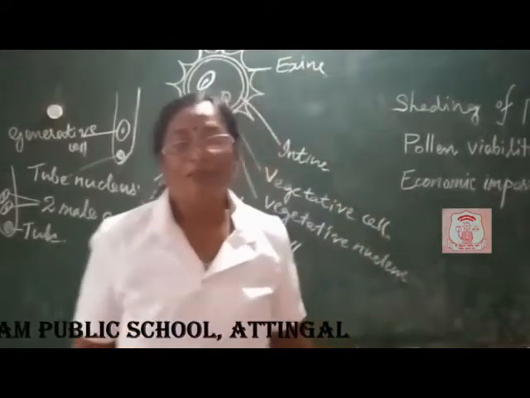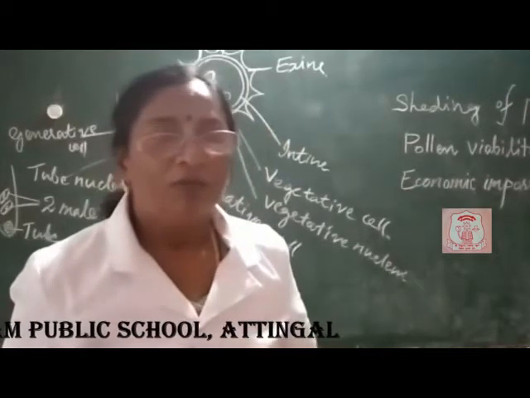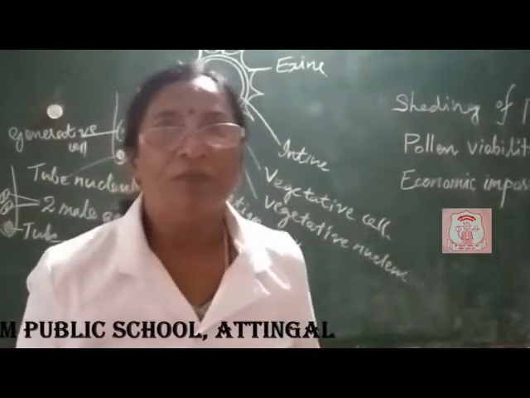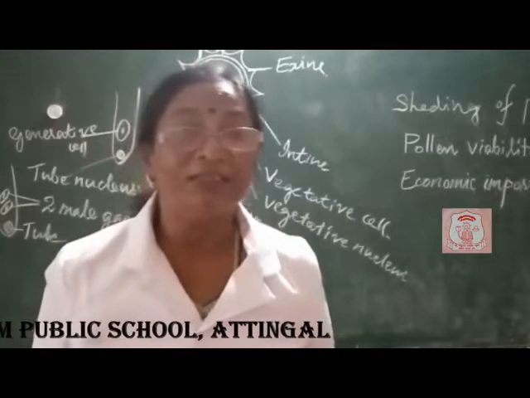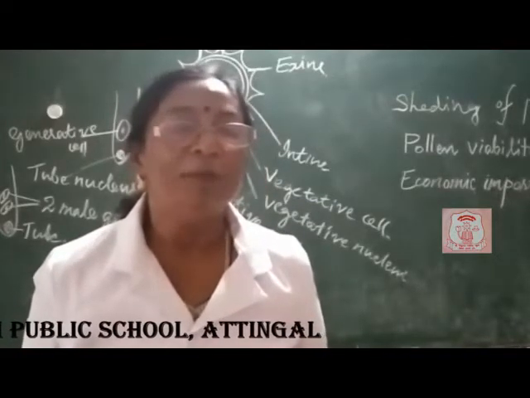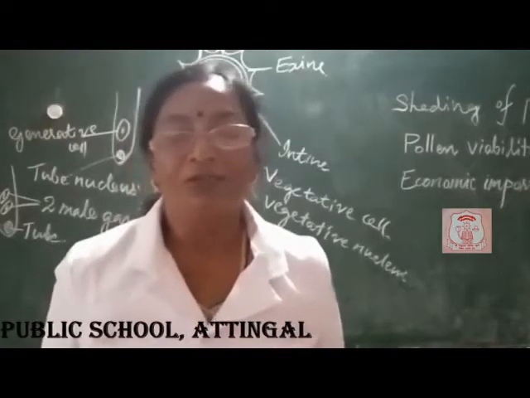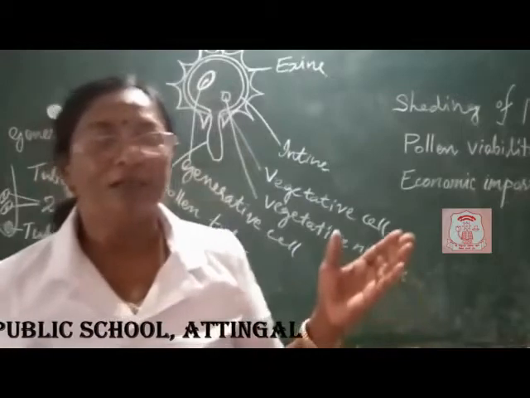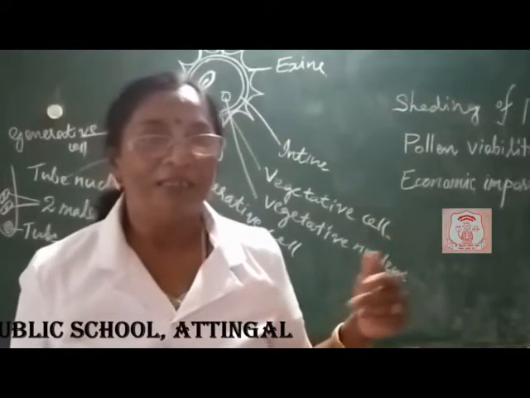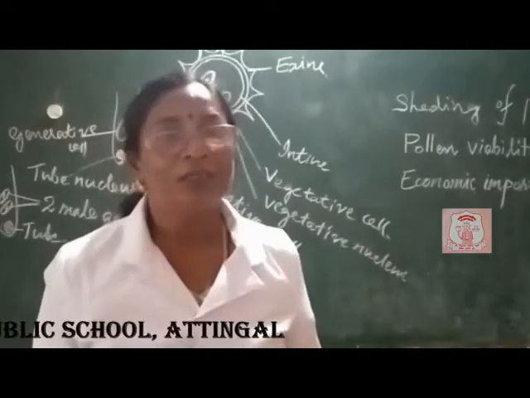But in certain plants, we can see it is shed at the three-cell stage, having the two male gametes and the vegetative cell.